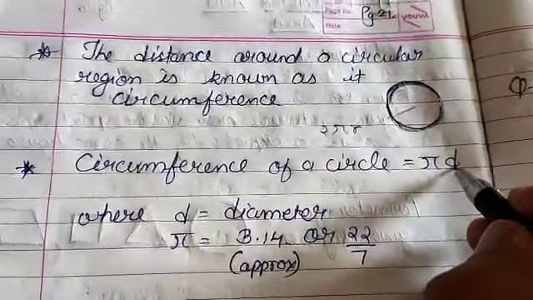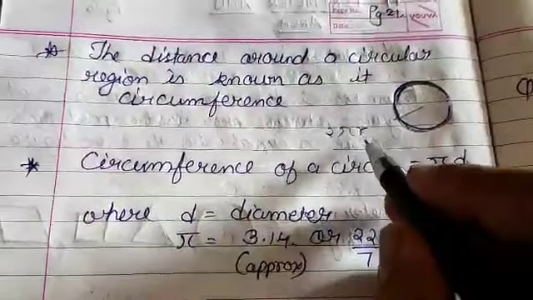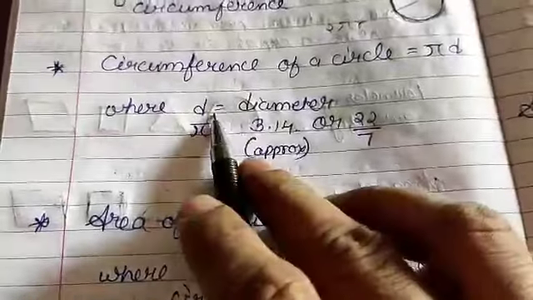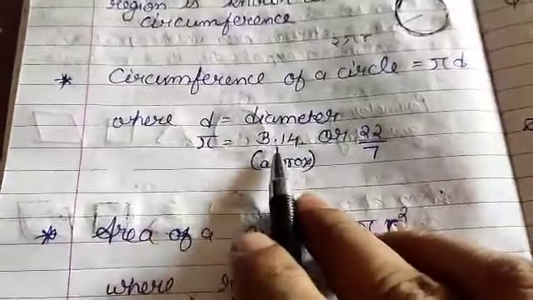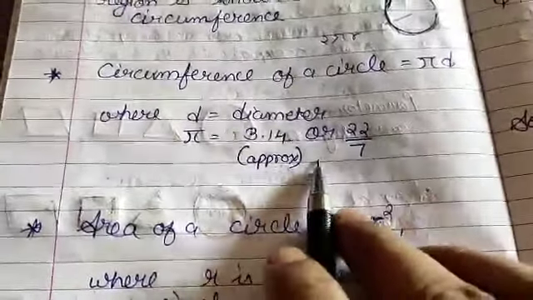If d is mentioned in the question, you have to go with pi d, and if the radius is given, you have to go with 2 pi r. Here d stands for diameter, and the value of pi is 3.14 approximately or 22/7. Whatever is mentioned you have to go with.